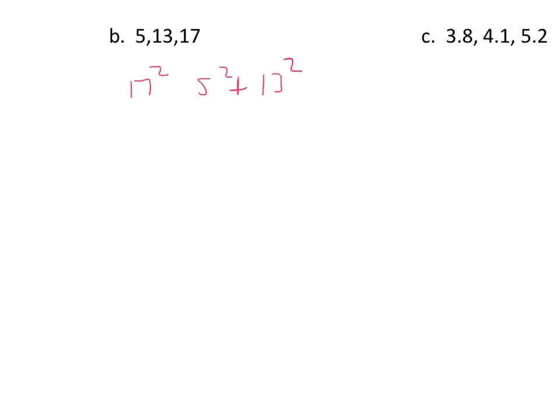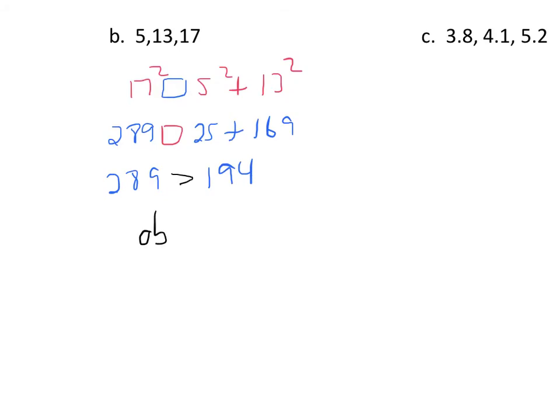We do not know what that's going to be yet. 17 squared again is 289. 5 squared is 25, and 13 squared is 169. Add them together, we get 194. So our inequality is again greater than, therefore obtuse.